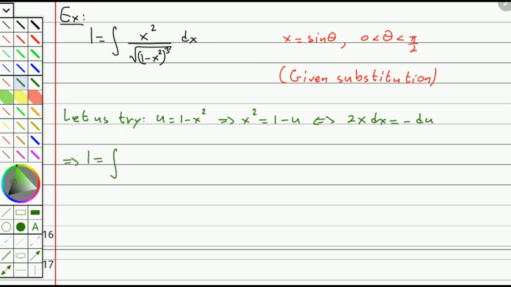We have already an x squared, which is 1 minus u, divided by the square root of u cubed, times what? Because dx is multiplied by 2x, it means that we also have an x to take care of, but we cannot solve for x because we would have a square root. So this will become very difficult, and so the regular substitution is not working.